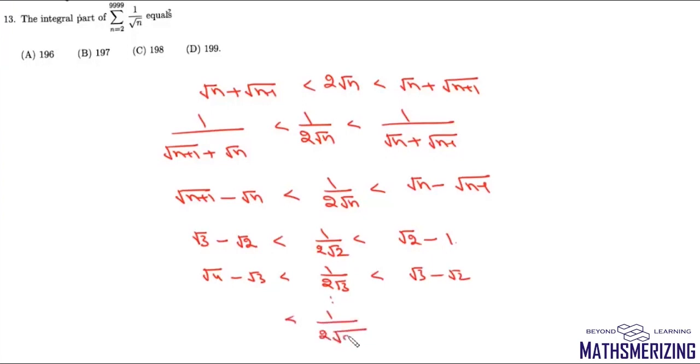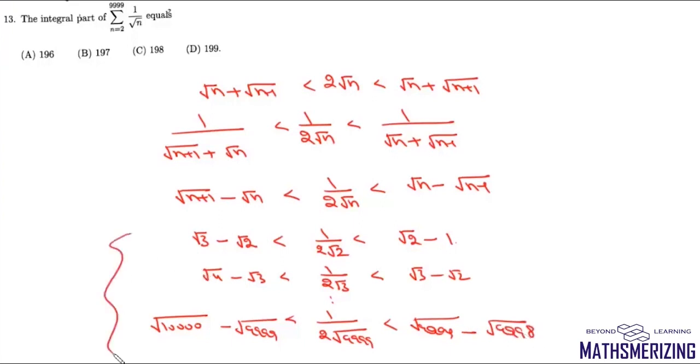Then we can write under root of 10,000 minus under root of 9999 is less than under root of 9999 minus under root of 9998.